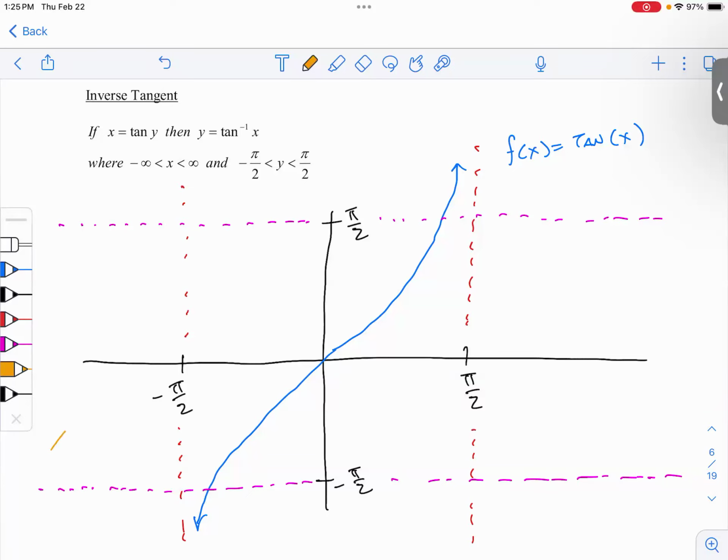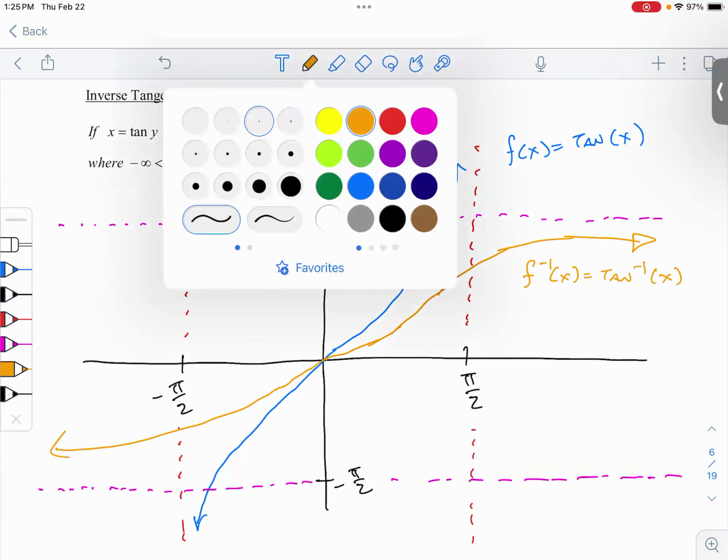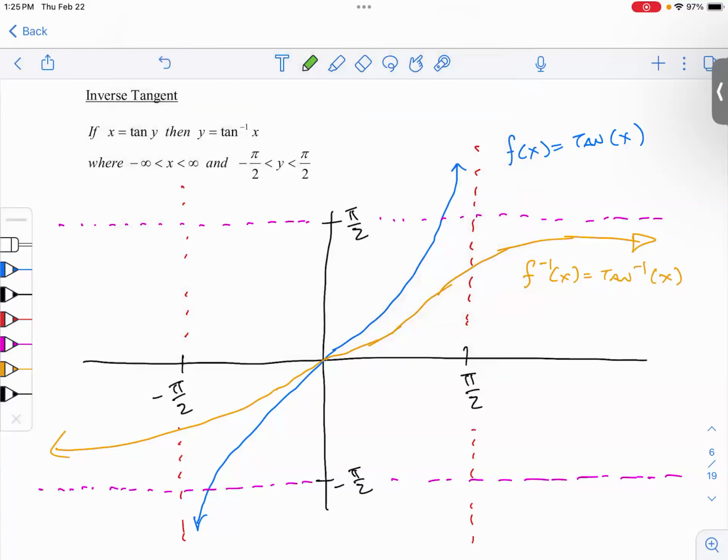Okay, we got a lot going on there, just because there are both vertical and horizontal asymptotes.